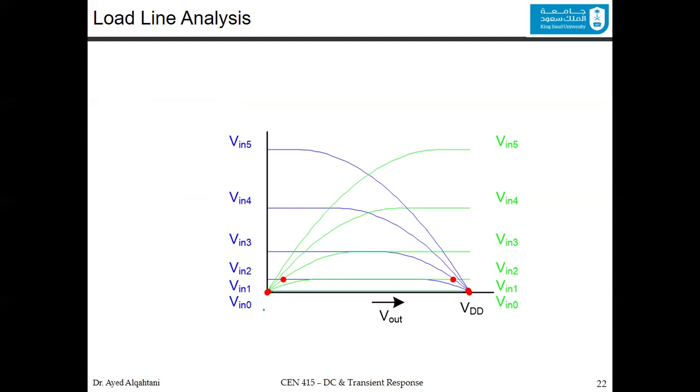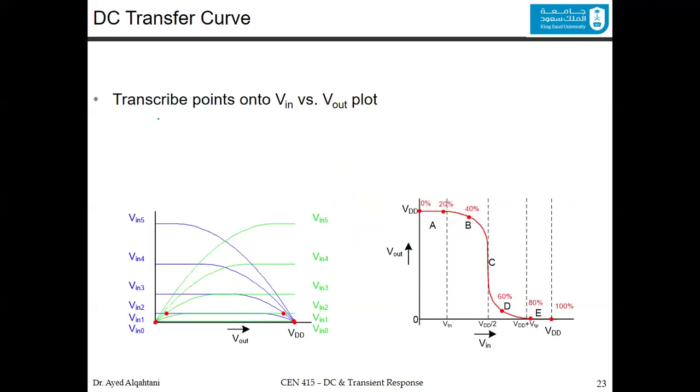If you look at the input values that we have chosen, we chose 0, 20%, 40%, 60%, 80%, and 100%. But we didn't choose 50%, because at the point 50%, you will be in a certain place. To show you this even better, let's look at it in another graph, which is the DC transfer curve.